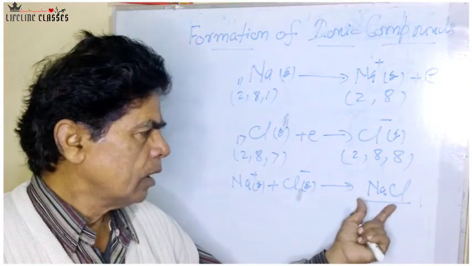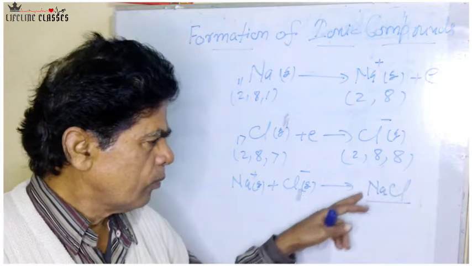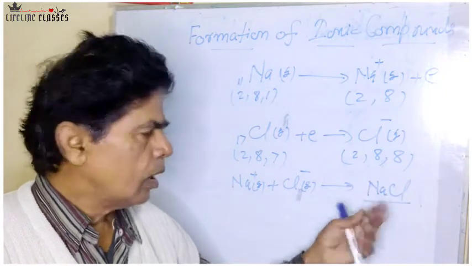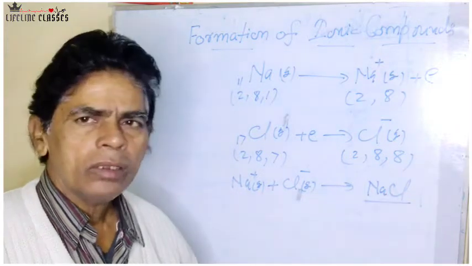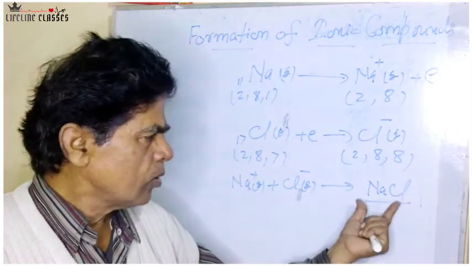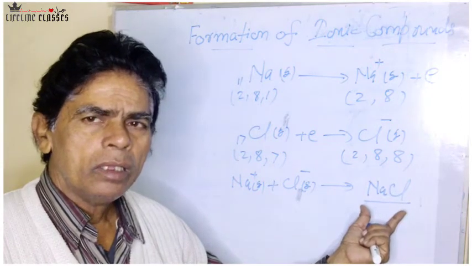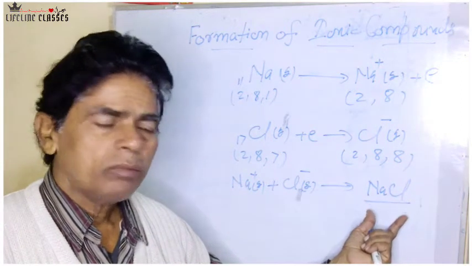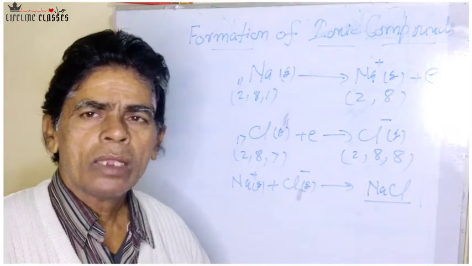So NaCl cannot exist in the form of a molecular structure. The independent molecule may not be achieved. So how do these molecules exist?